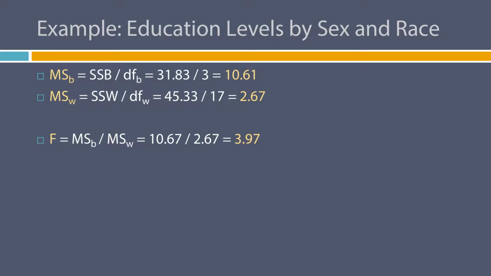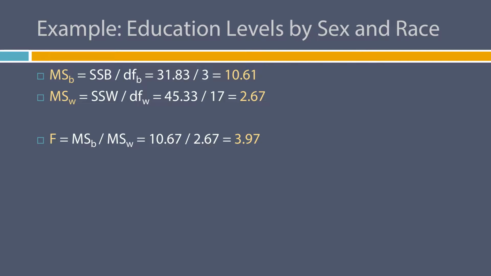Basically, we've just gone through a way to calculate our F ratio obtained. So this is from the data that we have. This is the F ratio of variation between all of these racial and sex categories on education, divided by the variation within each group.